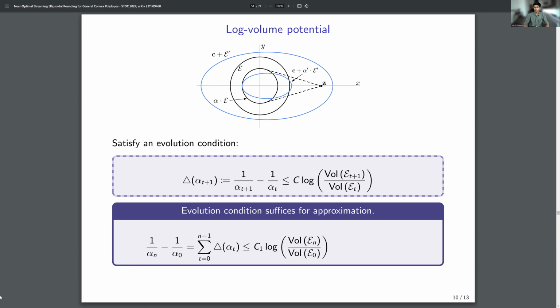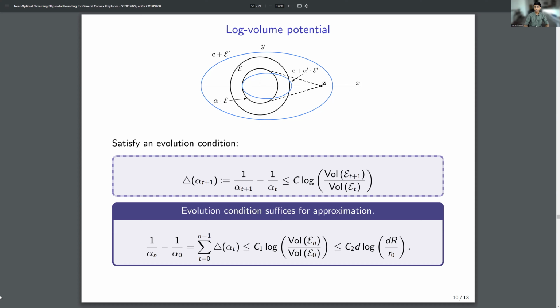It's at most the log of the ratio of the volume of the final outer ellipsoid to the initial outer ellipsoid. Then, using the fact that the final convex hull lived inside a Euclidean ball whose radius was capital R, and a quick bootstrapping argument, you get the following approximation guarantee on the right. Note that there's a dangling extra dimension factor inside the log, but this can be handled.